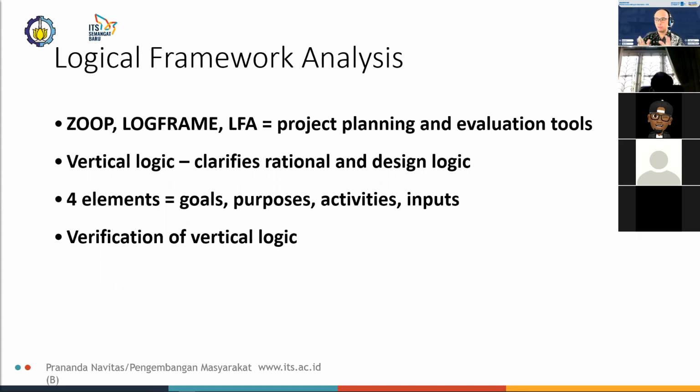I'm not too familiar with either of them, but similar to RBM, they have a vertical logic, and there are horizontal and vertical elements to the logical framework analysis.